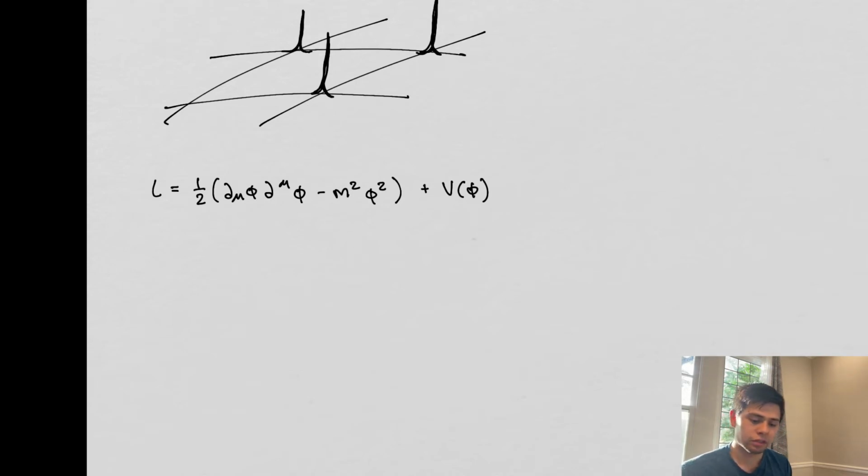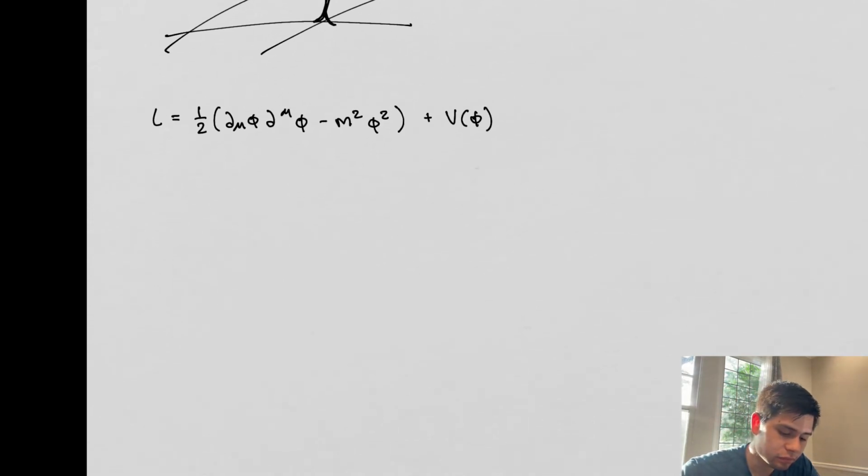And this potential term is going to help us in understanding exactly what the dynamics have to be when we have electrons within the vicinity of other electrons, for example. Okay.